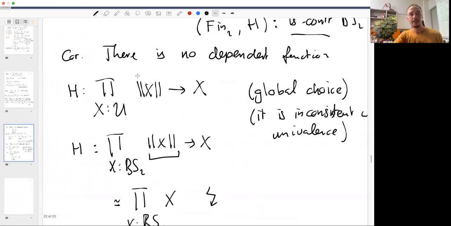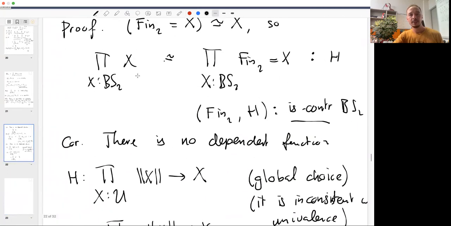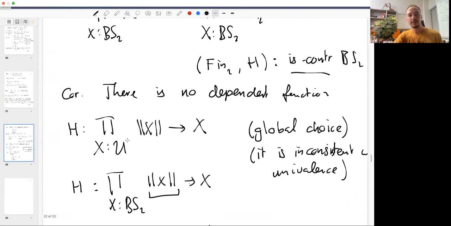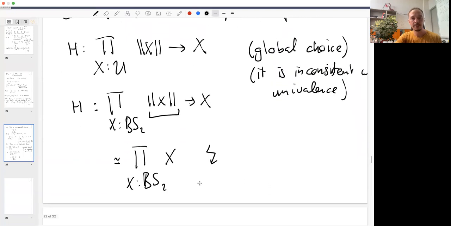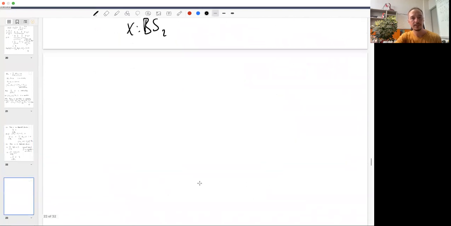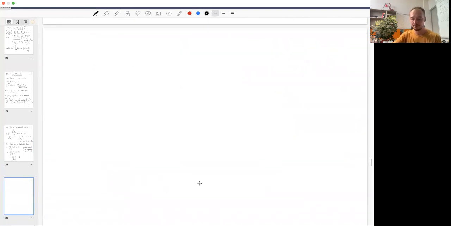So we can also not say restrict global choice to sets, because the two-element types are all sets. So if you restrict to sets, then it's still going to be inconsistent. So global choice is completely out of the window, but the axiom of choice is fine. So I'm going to make a definition.